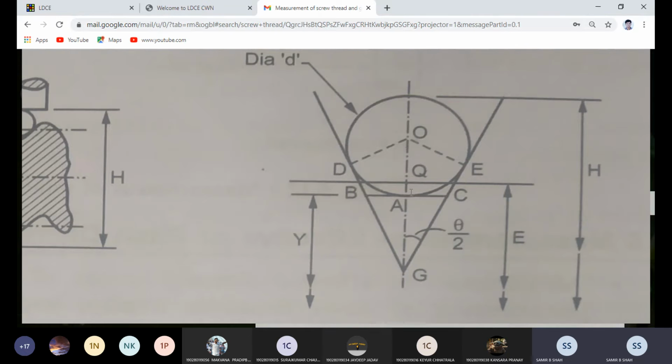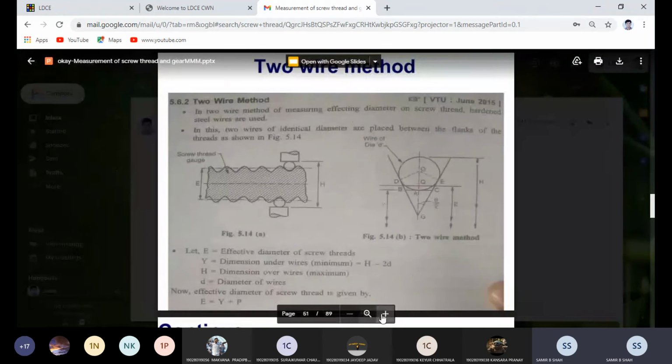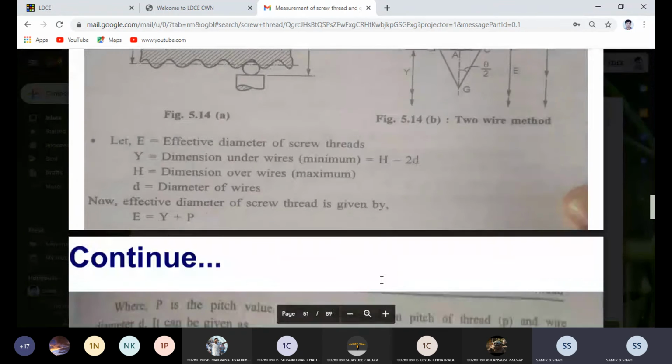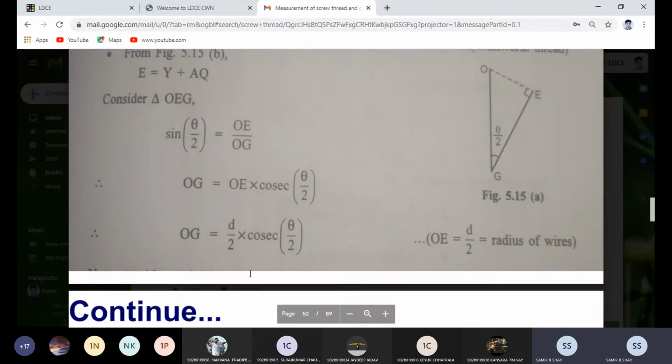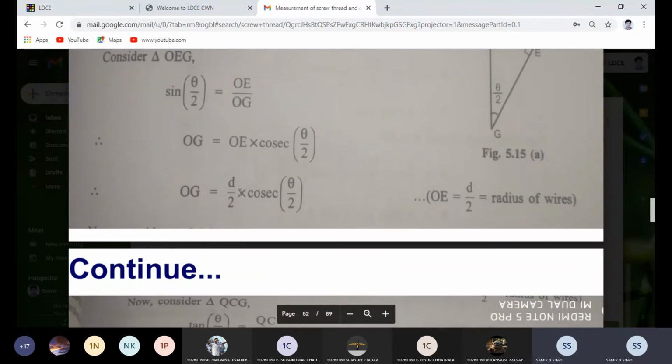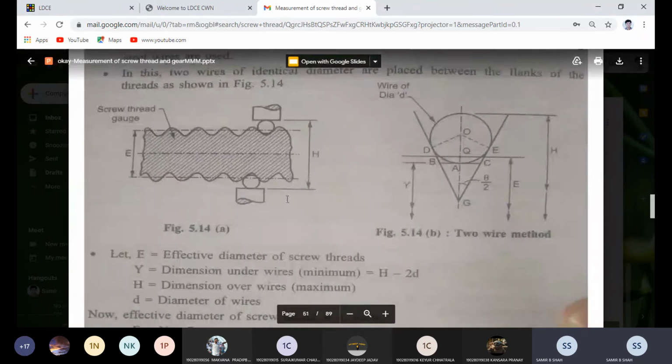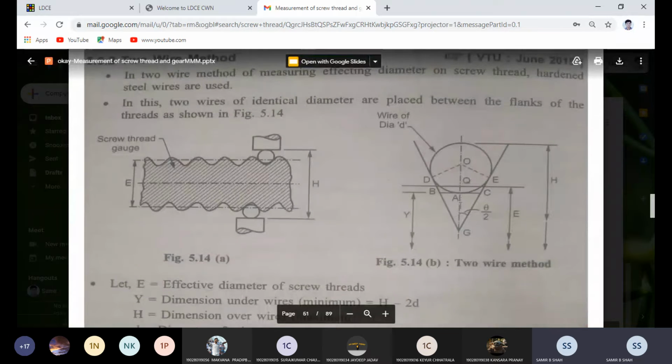OA definitely may be the radius of the wire, and OG we defined initially. I just show you what is OG. OG is equal to D by 2 cosec theta by 2, and OA means radius, right?